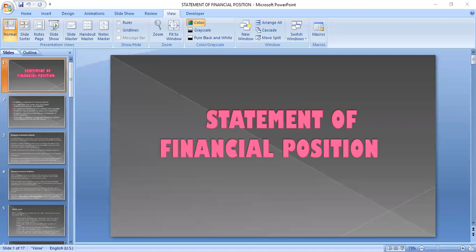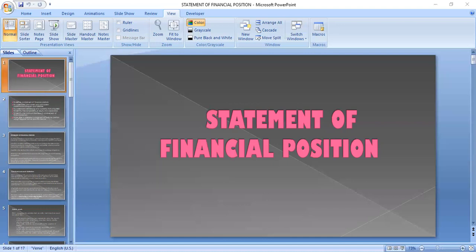Now we have contingent liability defined in 2 ways. It's a possible obligation that arises from past event and whose existence will be confirmed only by the occurrence or non-occurrence of one or more uncertain future events not wholly within the control of the entity.